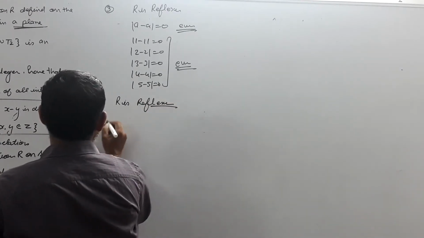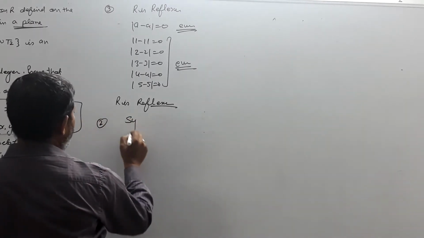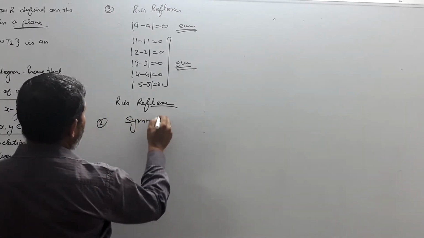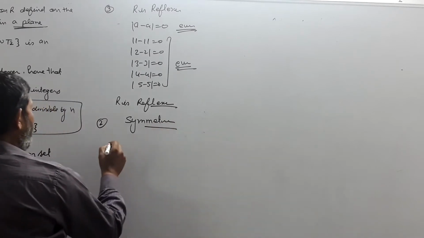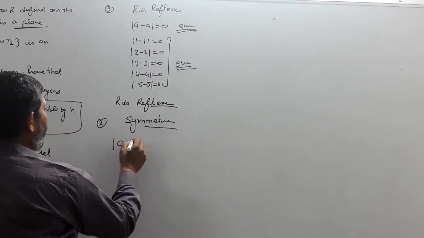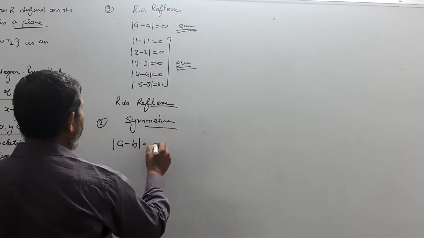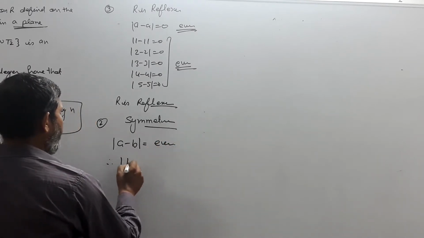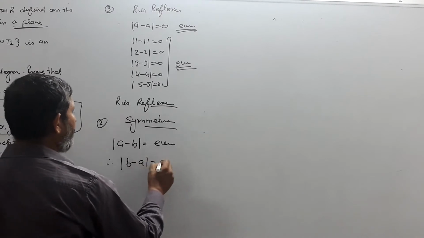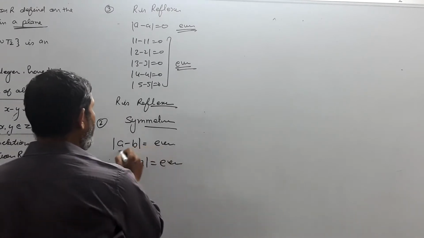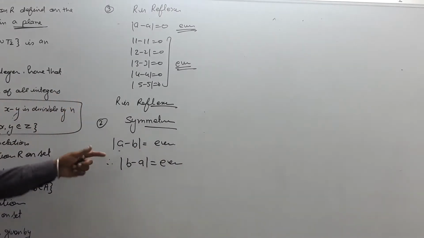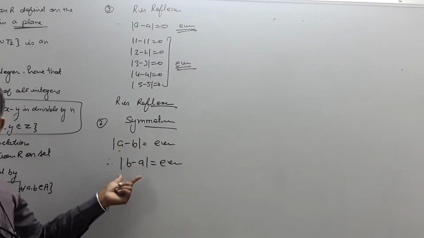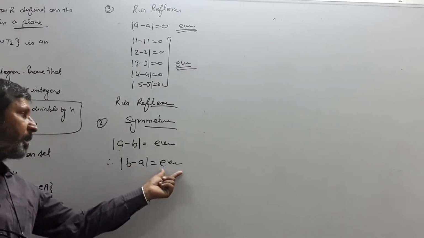Second, symmetric. If A minus B is even, therefore B minus A is also even, because A minus B is an even number. Taking the modulus is always a positive quantity, then B minus A is also even.